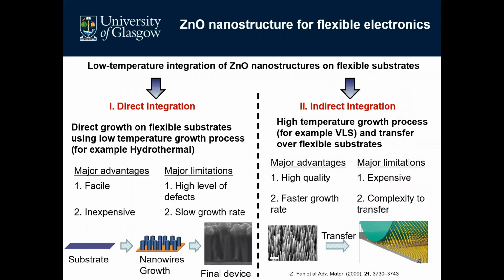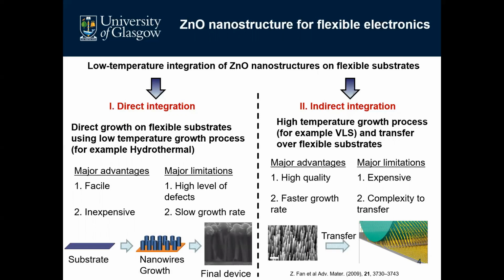Various integration approaches have been reported to assemble zinc oxide nanostructures over flexible substrates to fabricate printed devices. These approaches can be classified as direct integration or indirect integration approaches. In the direct integration approach, a low temperature growth process is used to grow zinc oxide nanostructures such as nanowires directly over flexible or stretchable substrates.